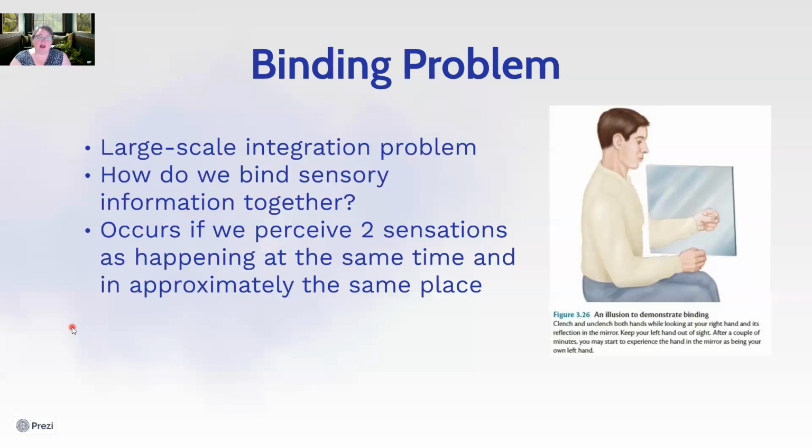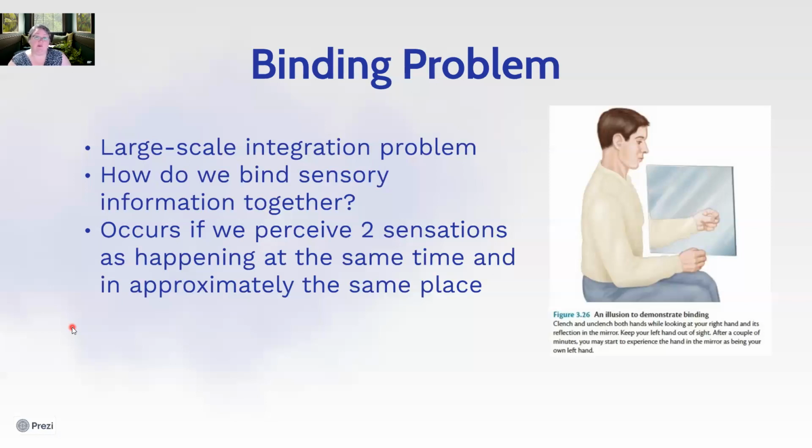So in other words, how do we process different information to have a single experience in our mind? As our textbook indicates, the answer to this is not clear-cut. But what we do know is that we can have a single experience, and that will occur if we perceive two sensations happening at the same time and approximately the same place.